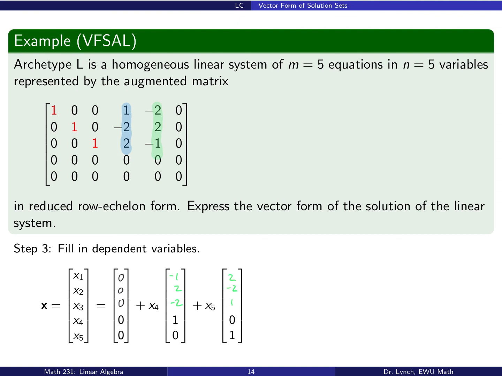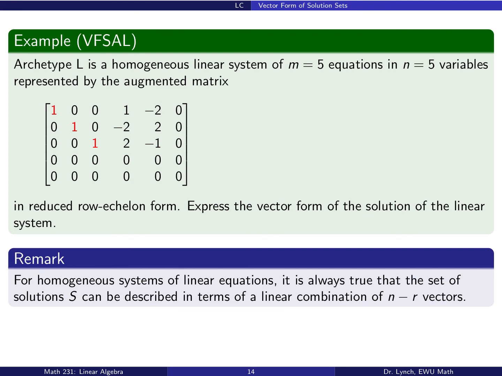Okay, so it turns out that for a homogeneous system of equations, the set of solutions can always be described in terms of a linear combination of n minus r vectors. Okay, this is really important, and we'll come back to this a little bit later, that we can always express the solution of a homogeneous linear system as a linear combination of n minus r vectors.